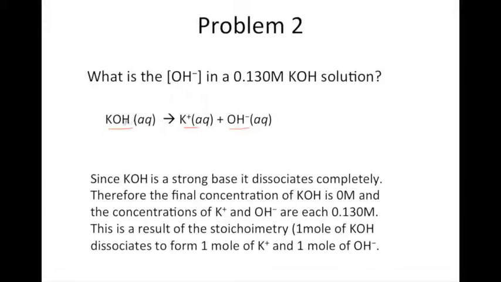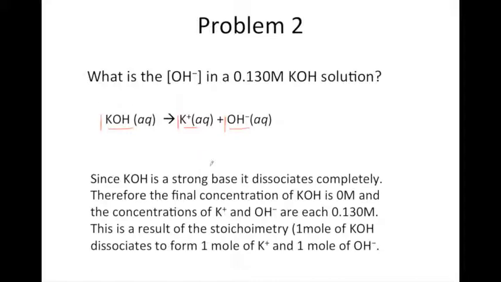Because of that, after dissociation, our potassium hydroxide concentration will be 0. For every 1 mole of potassium hydroxide that dissociates, we produce 1 mole of potassium, 1 mole of hydroxide. And so that's a 1-to-1-to-1 stoichiometry. So our concentration of hydroxide will be 0.130 molar at equilibrium.